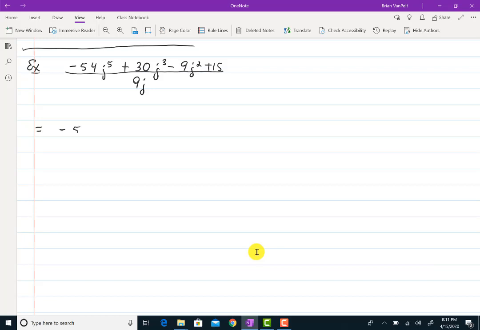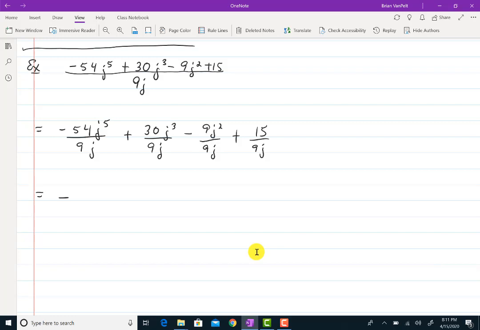So let me break it up. I get negative 54j to the 5th divided by 9j plus 30j to the 3rd divided by 9j minus 9j squared divided by 9j plus 15 divided by 9j. And let me simplify what I can.